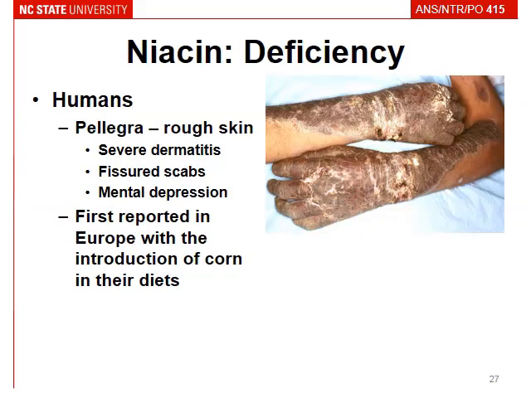Now, one of the main deficiency symptoms of niacin is pellagra. And here you can see on the right-hand side, this is a picture of pellagra here. It almost looks like this individual is wearing gloves, but they are not. That is their skin. And pellagra is actually Italian, and it means rough skin. So it's a severe dermatitis. You get fissured scabs. In addition, you have a lot of mental depression.